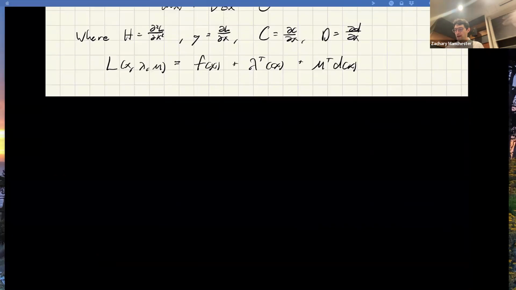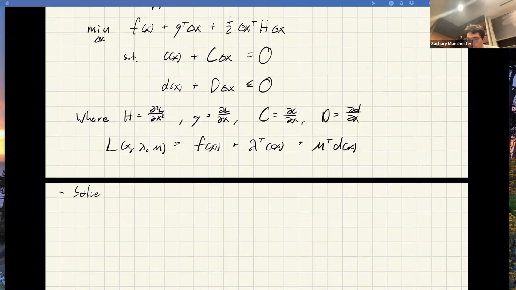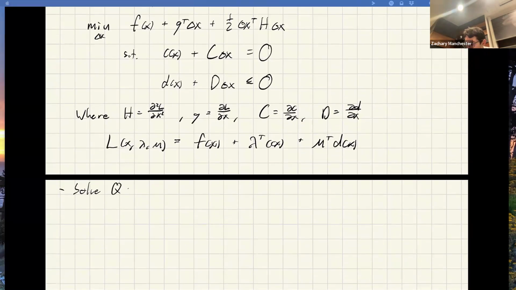Cool. So we set this all up and we solve a QP over the deltas. That's going to give us what we call a primal dual search direction. It's basically a Newton step, and then we can do line search stuff on that.